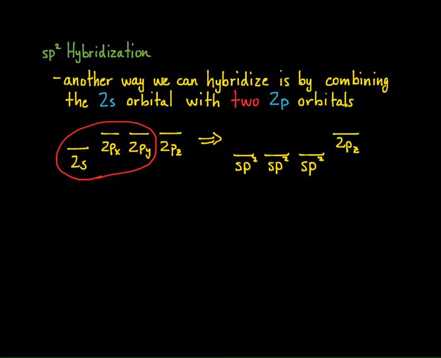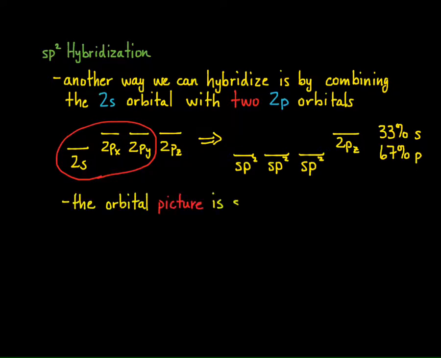And of course, again, z is an arbitrary direction of the orbital. And now notice in the hybridization of the sp2 orbitals, we have 33% s character and 67% p character. We're gaining more p character, but the orbital picture is still very similar to an sp orbital, so it looks the same as an sp orbital.